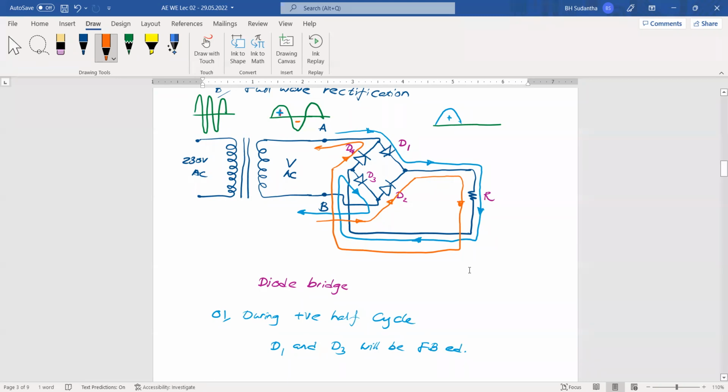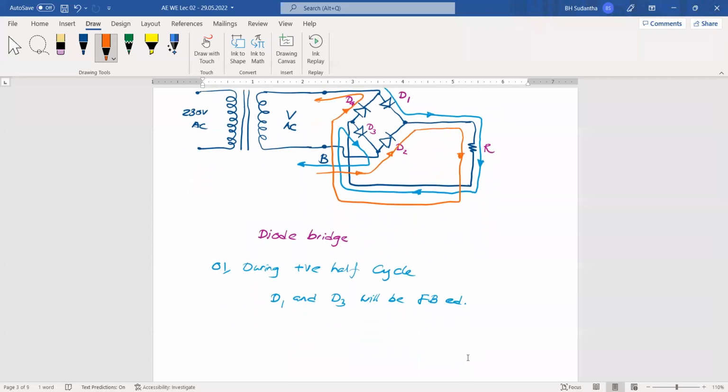Then during negative half cycles, the D2 and D4 diodes will be forward biased.